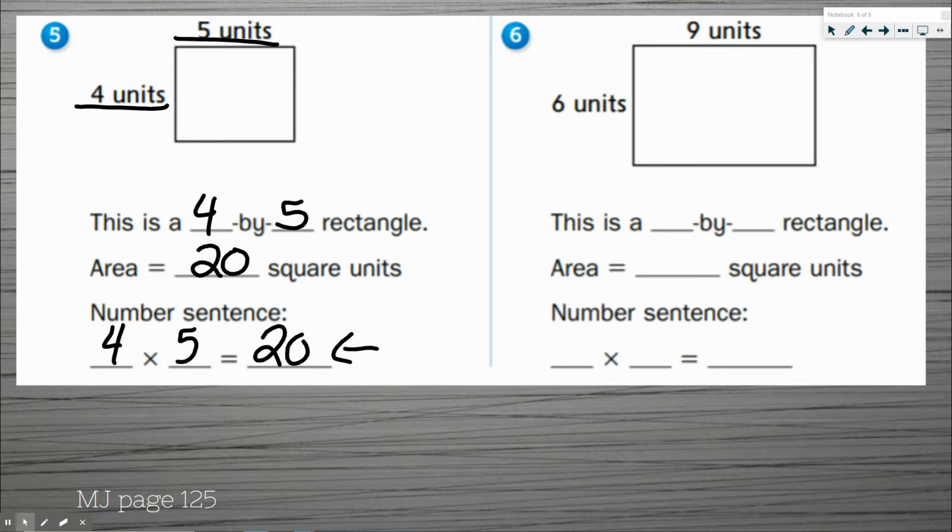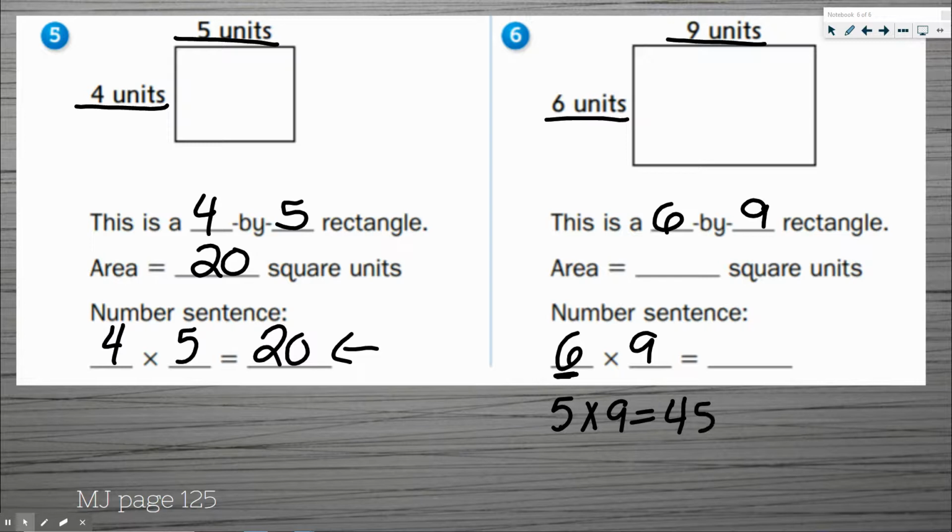All right, looking at number 6, we have 6 units and 9 units. So this is a 6 by 9 rectangle. My number model is going to be 6 times 9. Now, I don't necessarily know what 6 times 9 is, but 6 is pretty close to 5. So I'm going to use my helper fact. 5 times 9, and I can count by 5s, and that's 45.